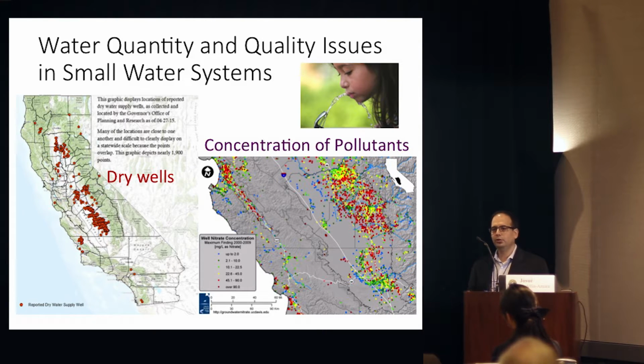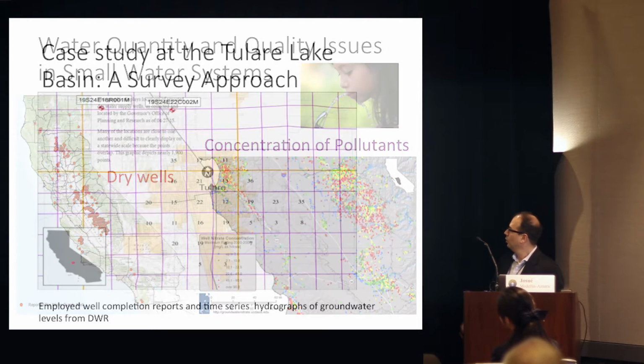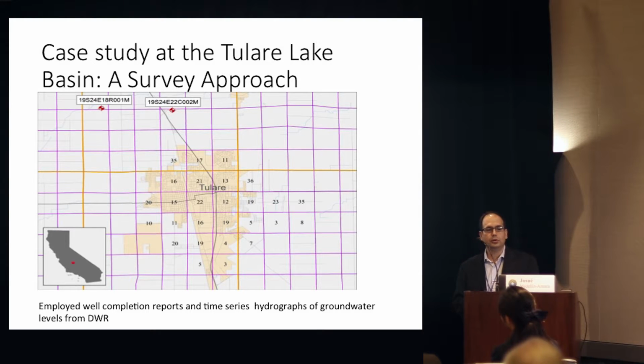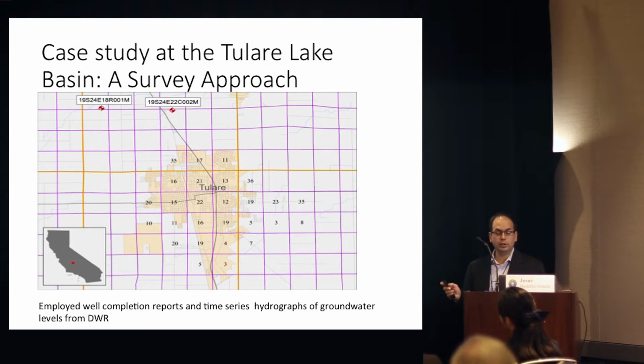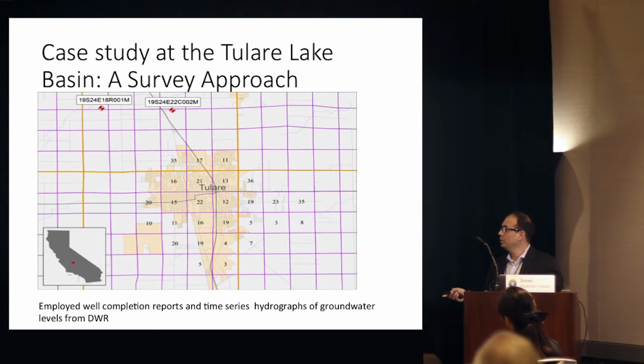So thinking about those two effects, we had this motivation to conduct a little survey-based approach that Brad presented in some detail earlier this morning, and I will just present a little summary of that on the Tulare Lake Basin.